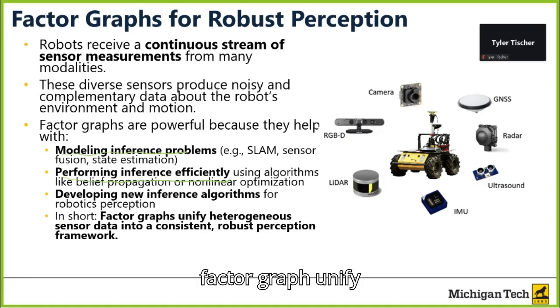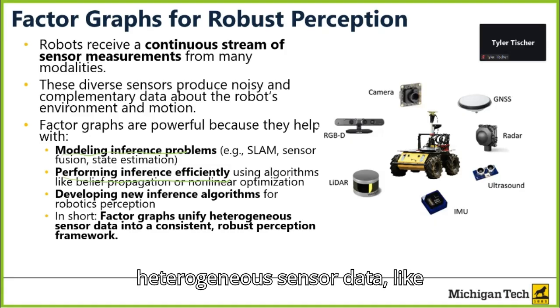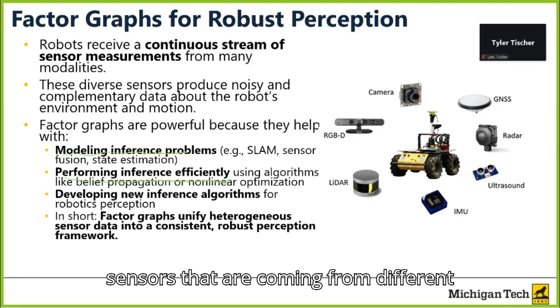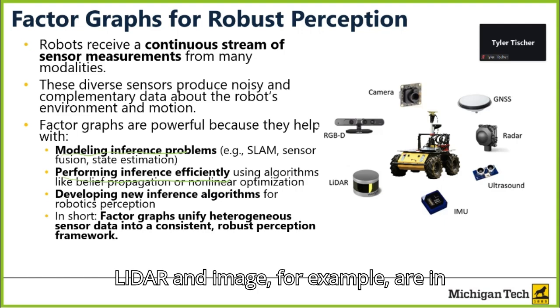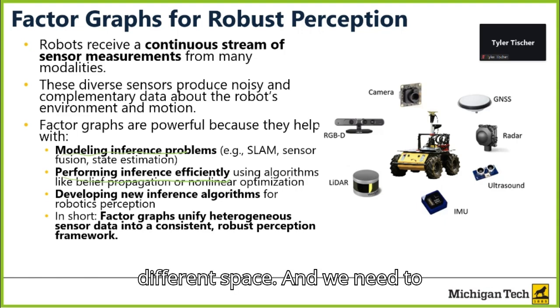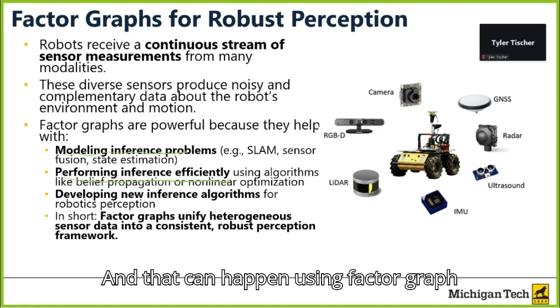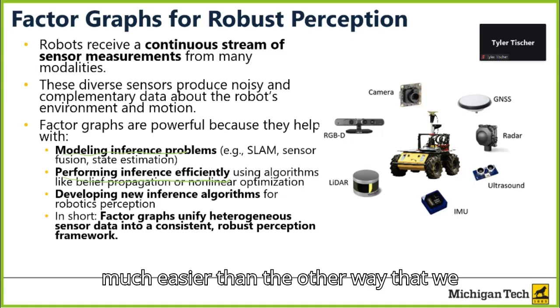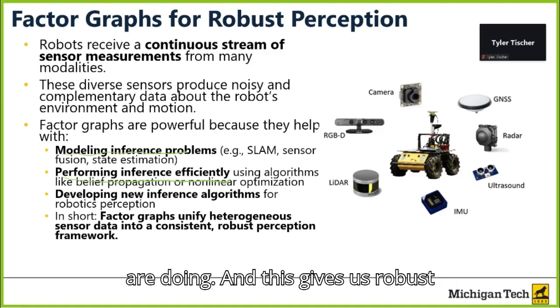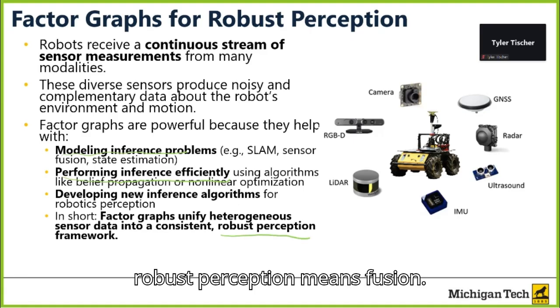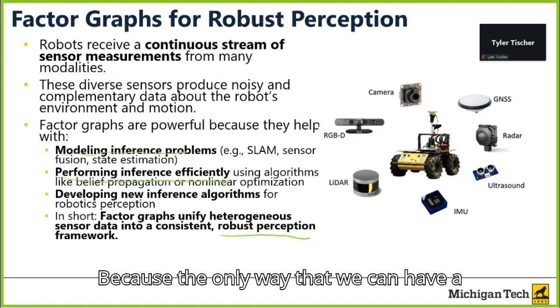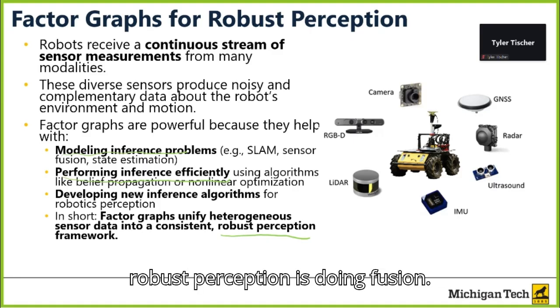And in short, a factor graph unifies heterogeneous sensor data, like sensors coming from different spaces, like LiDAR and image, for example, which are in different spaces, and we need to combine them together. That can happen using a factor graph much more easily than the other ways that we are doing. And this gives us robust perception. Anytime we are talking about robust perception, it means fusion. Because the only way that we can have robust perception is doing fusion.